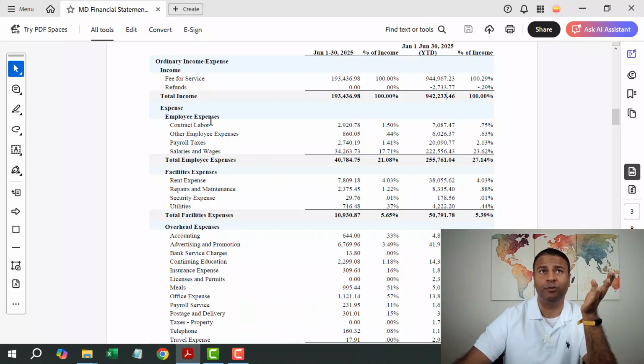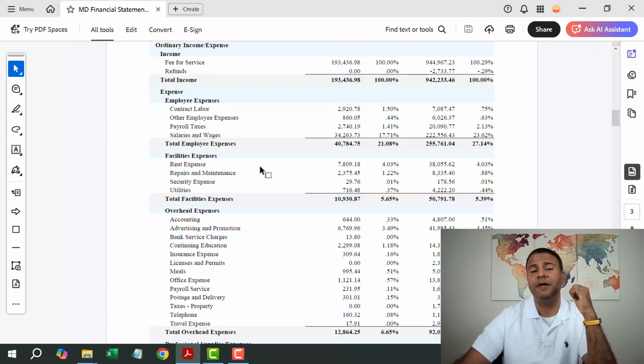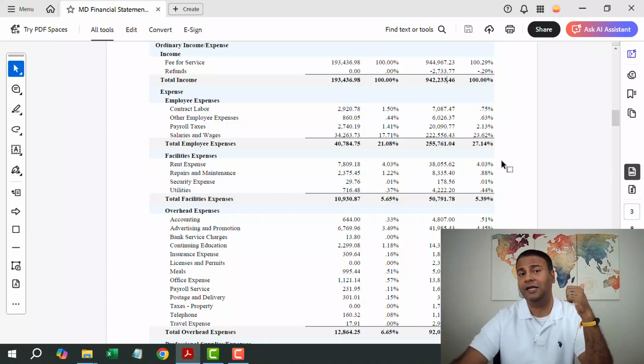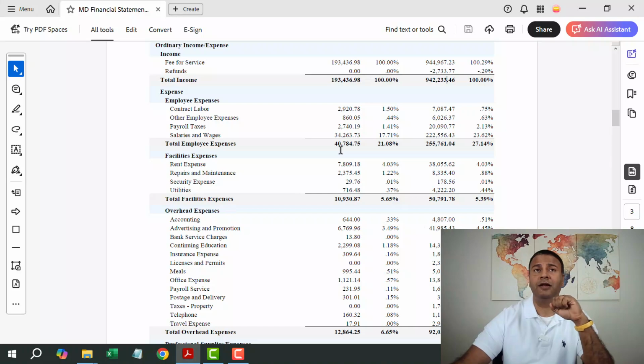Group number 1 is employee expenses. Now, when we do the bookkeeping for clients, we only put employees that are non-dentists and non-owners in this section. This group will have hygienists, dental assistants, office managers, everybody else who's not a dentist and not an owner.